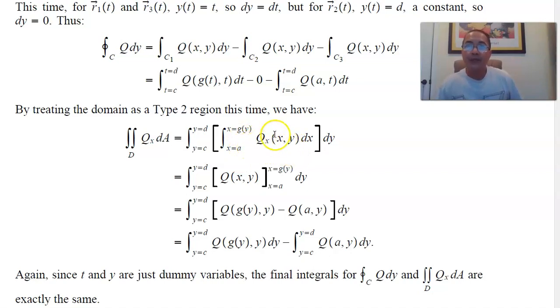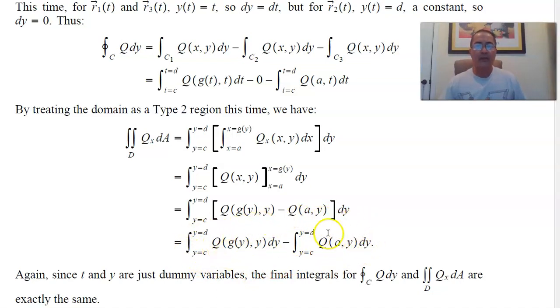But we have a partial of q with respect to x dx, so the antiderivative that we want is simply q of x, y. We're going from x equals a up to x equals g of y. So plugging in g of y for x, we have q of g of y, y. Plugging in a for x, minus q of a, y, and we have this as our final answer.